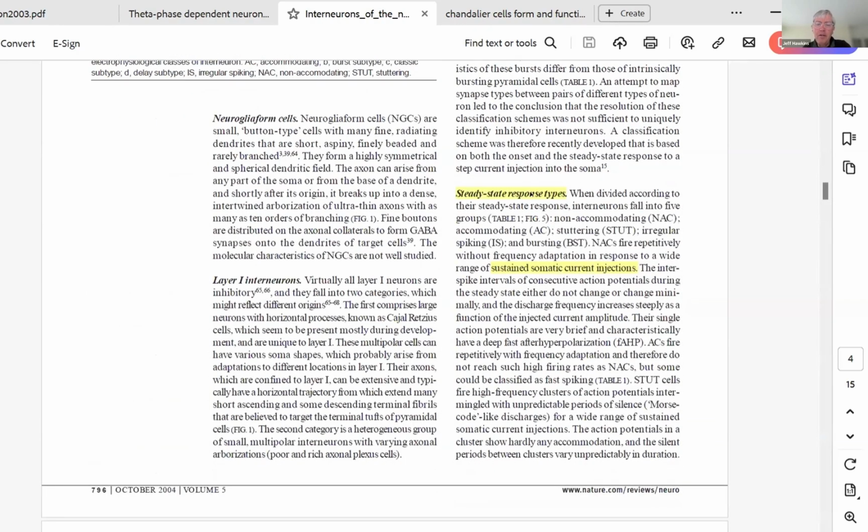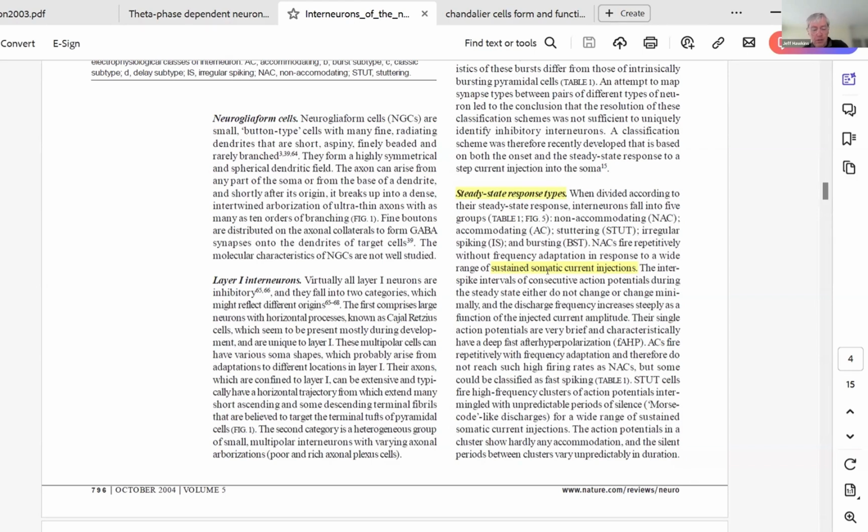Now in the paper they talk about the different response properties of these cells. Unfortunately, these response properties are almost always detected in some sort of slice preparation. They've taken the brain out of the animal, sliced it up, and put it in some liquid to keep it sort of alive. There are two different ways they do it. One is steady state response types, meaning they inject current into the soma, into the cell body, with a little electrical probe.